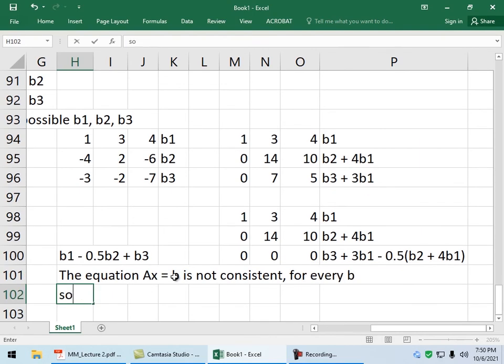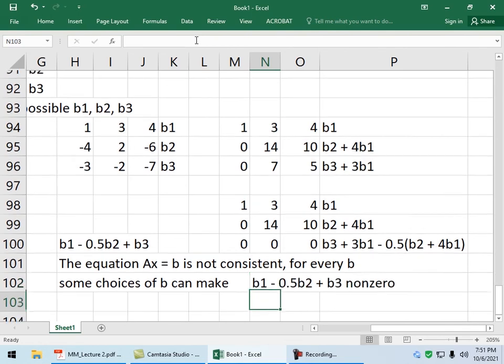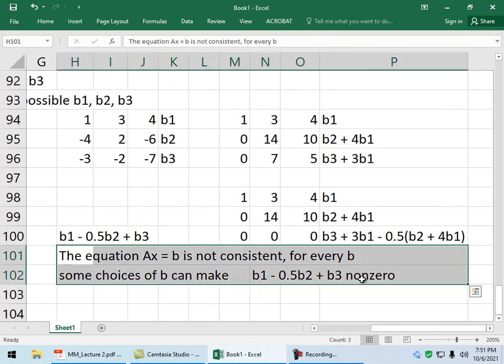Some choices of b can make this thing non-zero. So this is the result, the answer for our task.